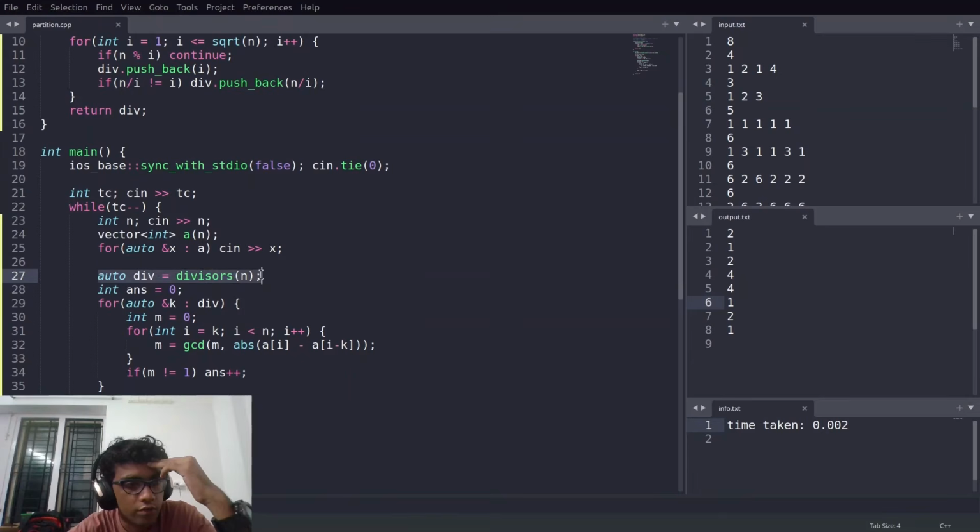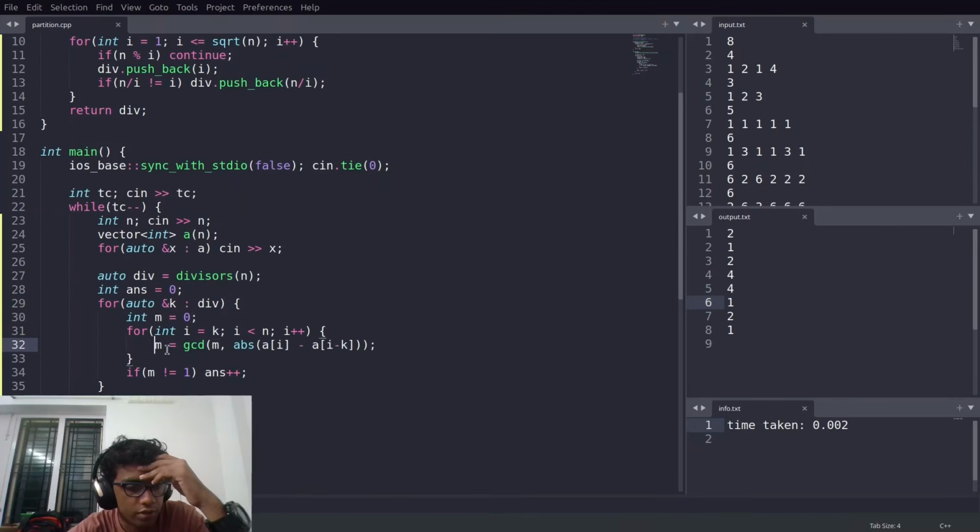Now I have my vector of divisors of n, and my answer is 0. This is the number of points I've earned so far. For every k which is a divisor, I find my max GCD, which I name m, and I set that to 0. Now I go through each element and I take the GCD of that with the difference between a of I and a of I minus k. Why this difference? Again, as I said, it's because a of I minus a of I minus k divided by m should equal 0.